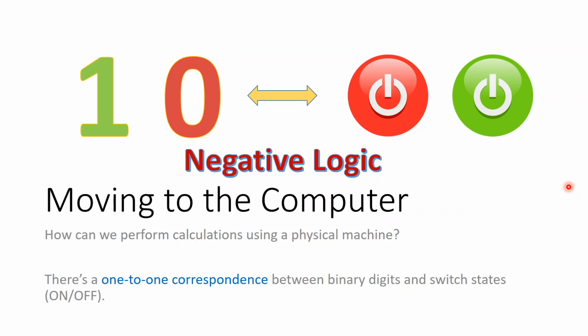If we are interpreting using the negative logic, we will receive exactly the opposite result, because we will be interpreting the on state of the switch as 0 now and the off state of the switch as 1 now. So exactly the opposite result we will get.